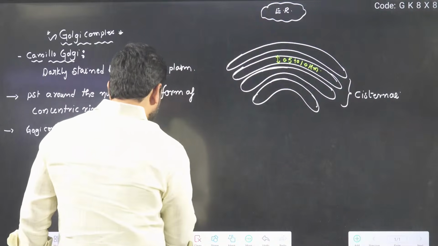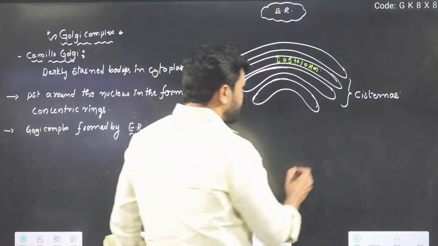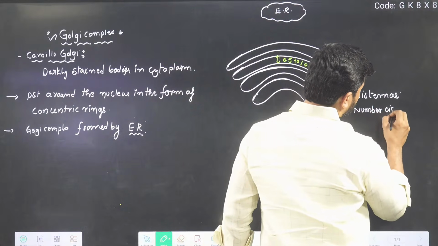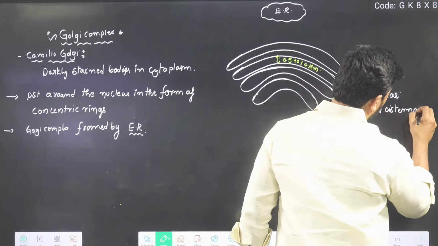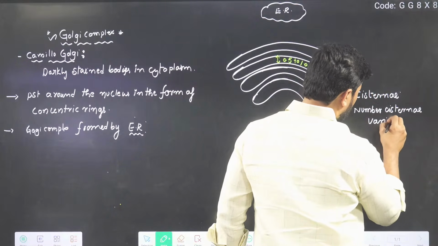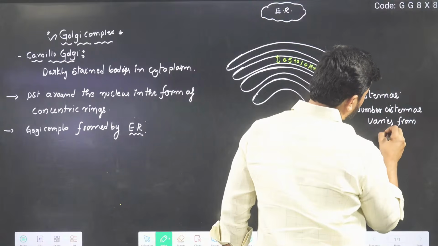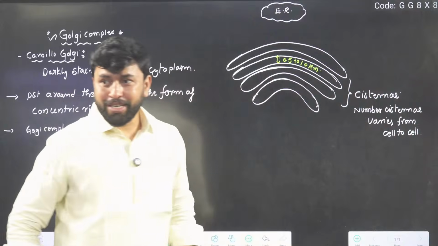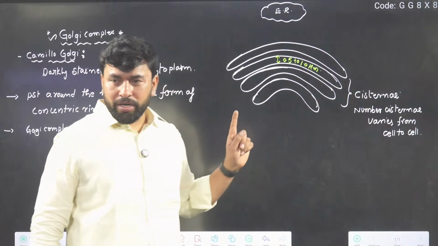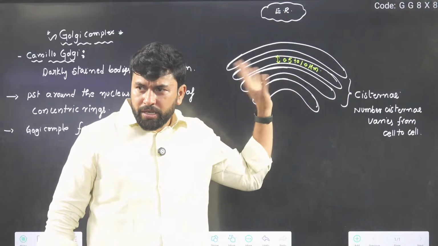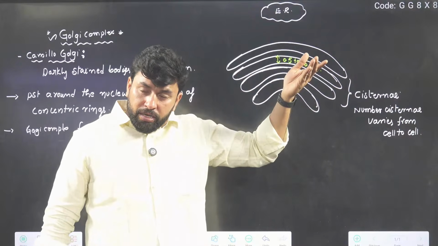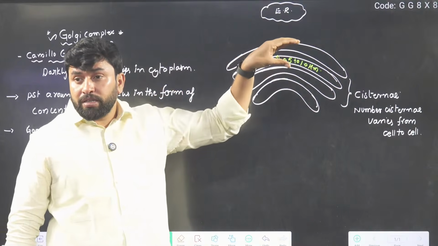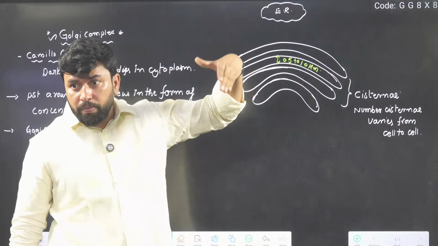Interestingly, the number of cisternae varies from cell to cell. What does it mean by that? Here I have taken 4, right? 4 tubes are there. Sometimes maybe 8, sometimes it can go up to 60 tiny tubular structures stockpiled one on the top of another.